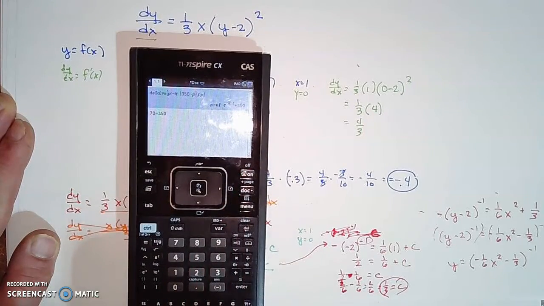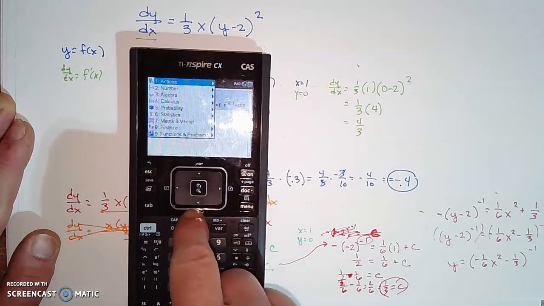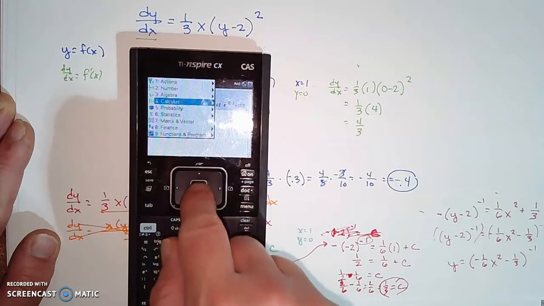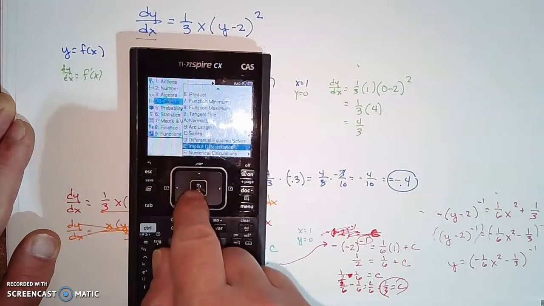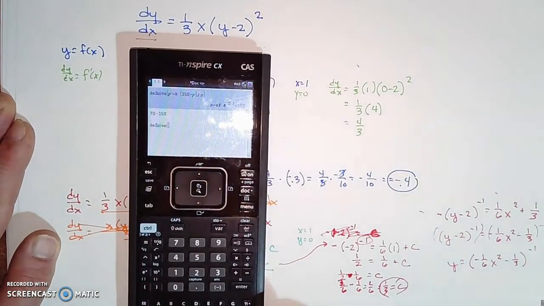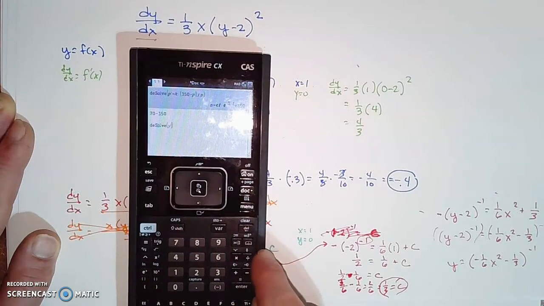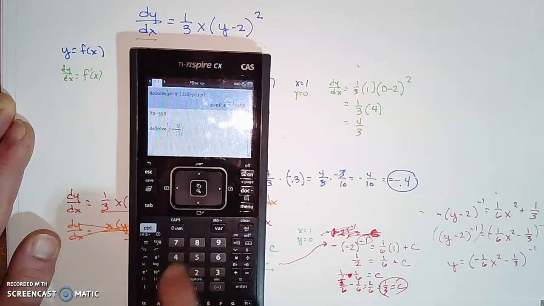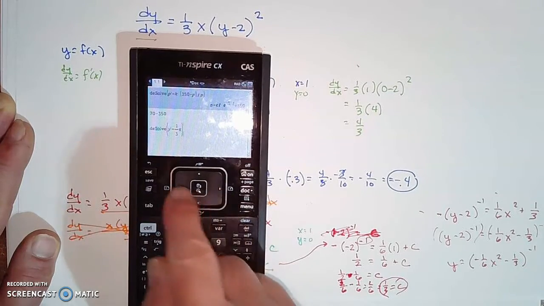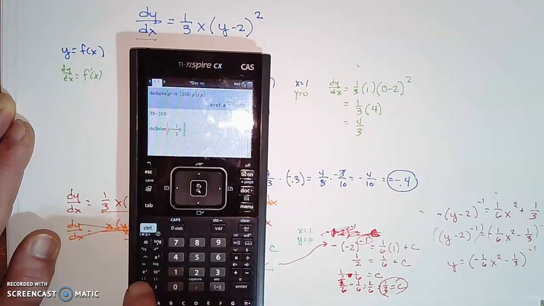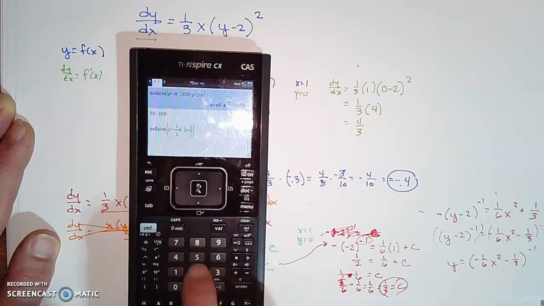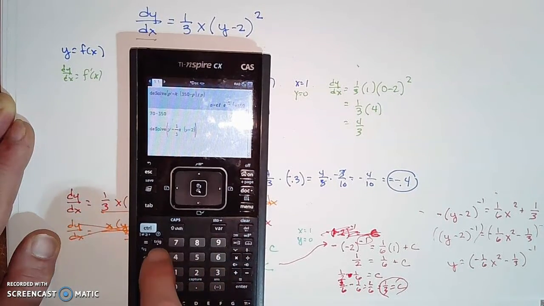First, I'm going to do it as a differential equation solver. I have just the right amount of time. Calculus, differential equation solver. I can't put in dy/dx, so I'm going to put in y prime equals fraction 1/3, x, times, in parentheses, y minus 2, close parentheses, squared.